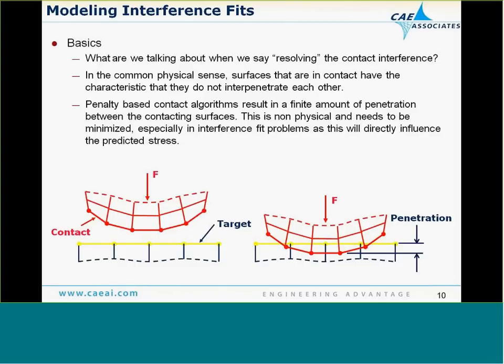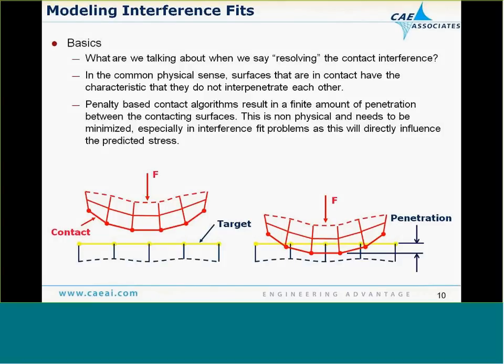So I just mentioned resolving some interference. What does that mean? Well, really in real life, when bodies or parts come in and out of contact, they don't penetrate each other. The surface of one will touch the surface of another. But if we're dealing with contact in Ansys and using a penalty-based algorithm, they will interpenetrate each other, and that might be at the end of the analysis, and that's non-physical.